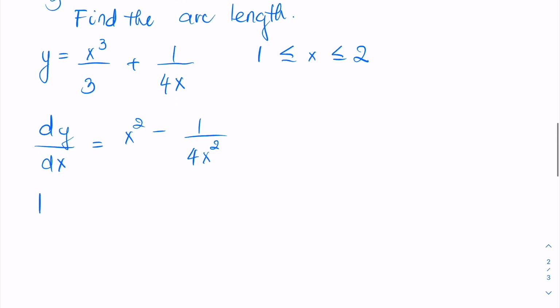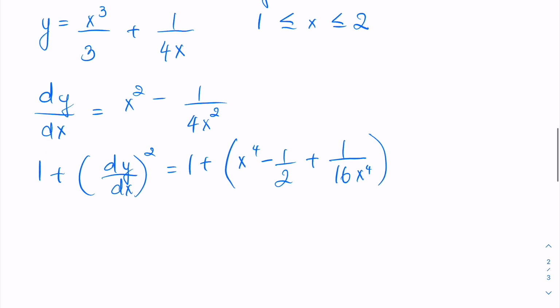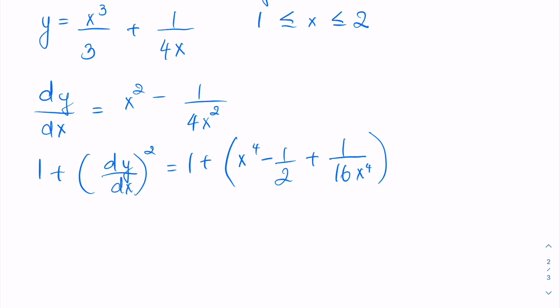So I need to take 1 plus dy over dx squared. So it's going to be 1, and if I FOIL, I should end up with x to the 4th minus 1 half plus 1 over 16x to the 4th. Hopefully, you can see that you can factor this and make it into a perfect square binomial.